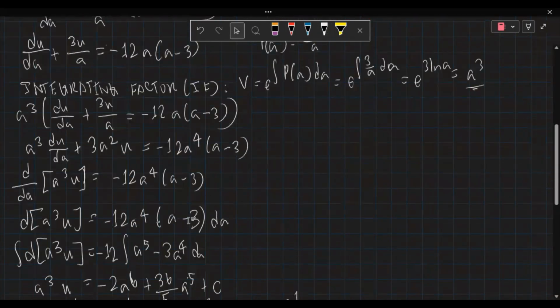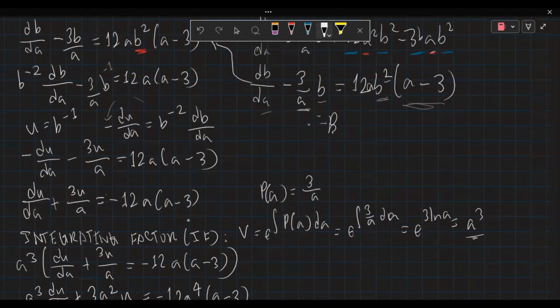So then this becomes, you substitute, so this one, the b to the power of minus 2 times the derivative of b, will be equal to negative du over da. Ayan. And then our 3 over a times b to the power of minus 1 is equal to u, and then we can finally do our integrating factor.